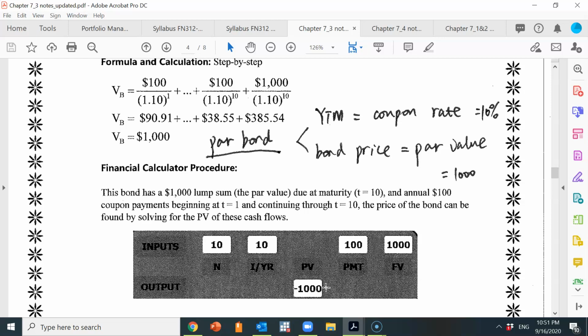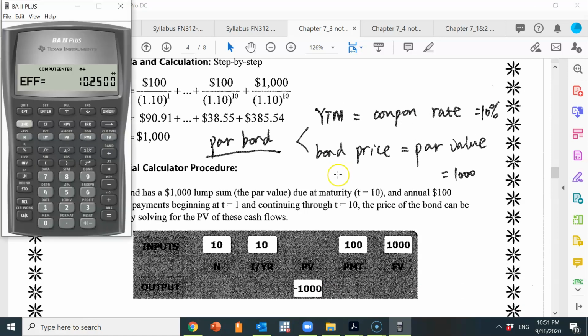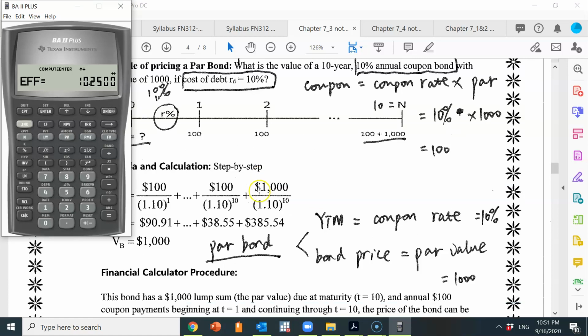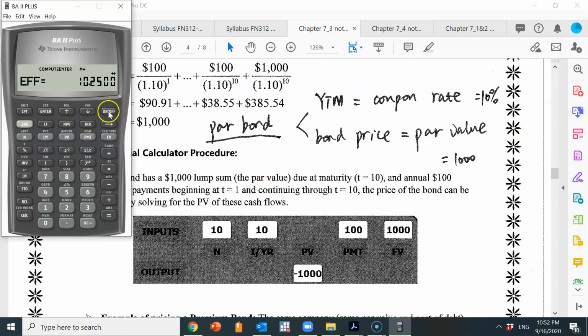You can try this with your own financial calculator, or I can show you here on my virtual financial calculator. For this question, I would input 10 years as N, 10 interest rate as I, payment 100, future value 1,000, and compute for PV.